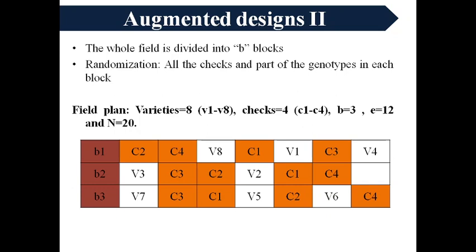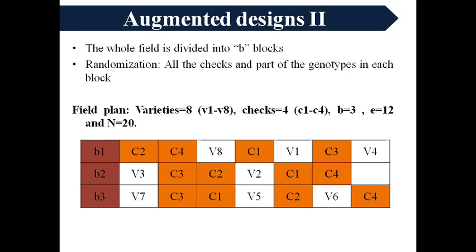Randomization is done in such a way that all the checks and part of the test genotypes are in each block. So we divide the whole experimental area into n number of blocks, or b in this case, and you place all the checks, and part of the test genotypes, in each block.